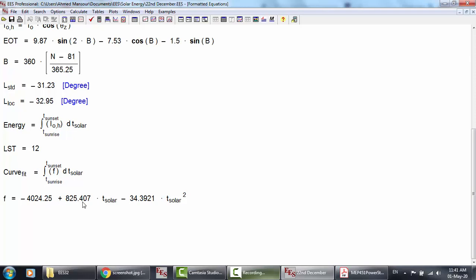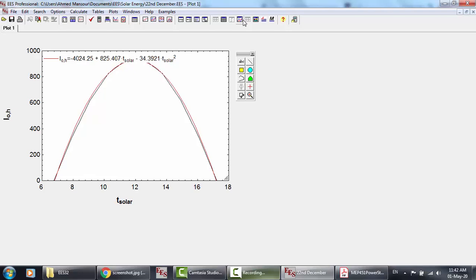So to plot the relationship between the time through the day from sunrise to sunset, and to get the IOH value, you will need to get this equation. But to know the watt-hour value through the day, you have to integrate this equation. Okay, so thank you so much.